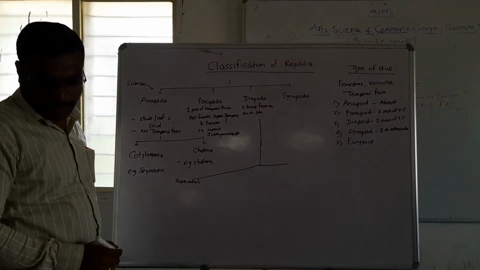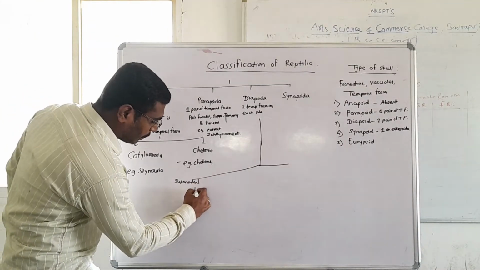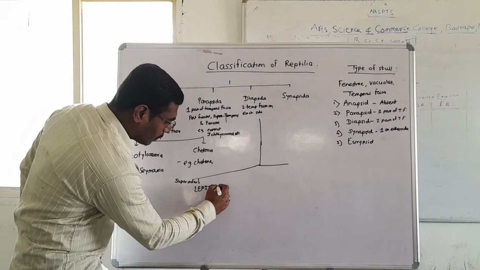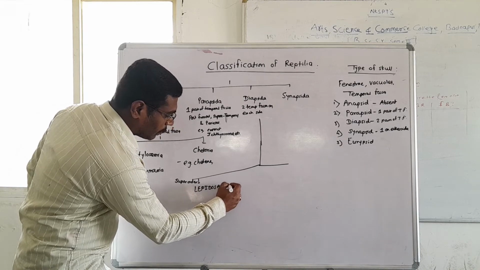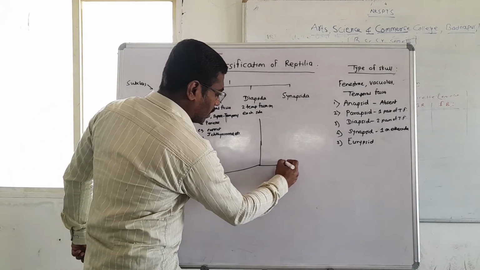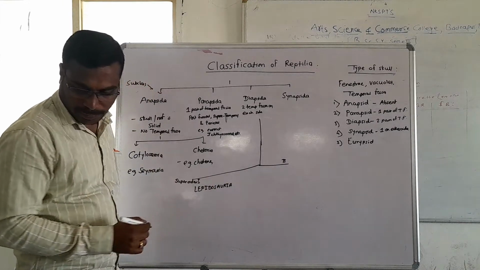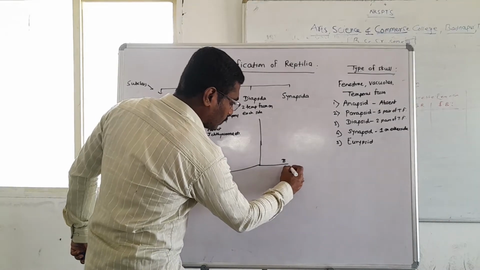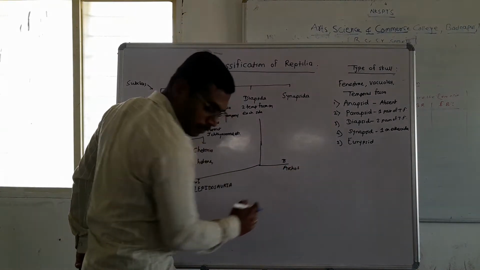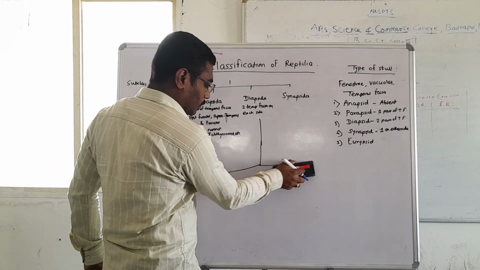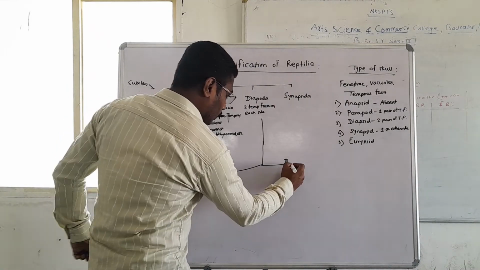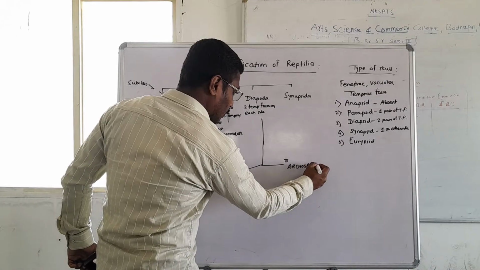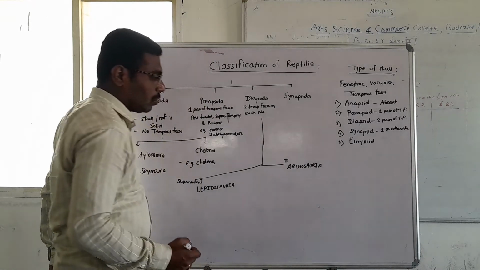First superorder is Lepidosauria, and the second superorder is Archosauria.